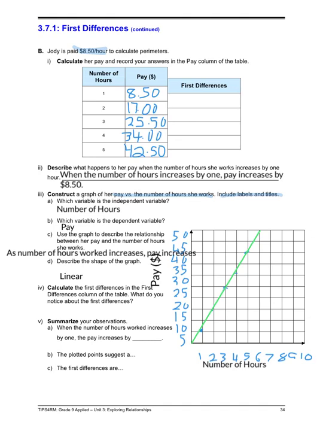Alright. Part 4 asks for us to calculate the first differences in the first difference column of the table. What do you notice about the first differences? Well, first of all, we're going to have to actually do our first differences. So we'll take our two values here, so $42.50, and we're going to subtract $34.